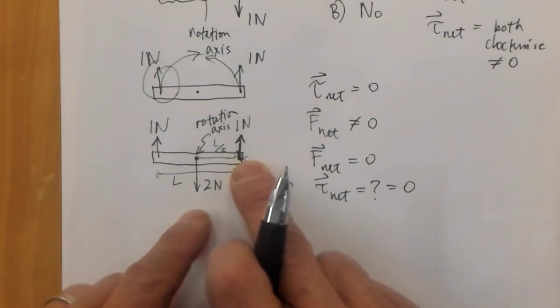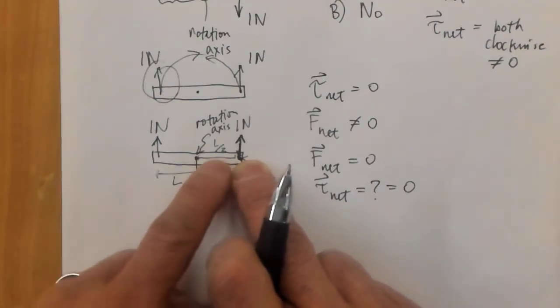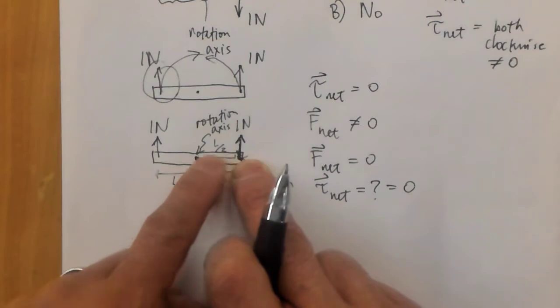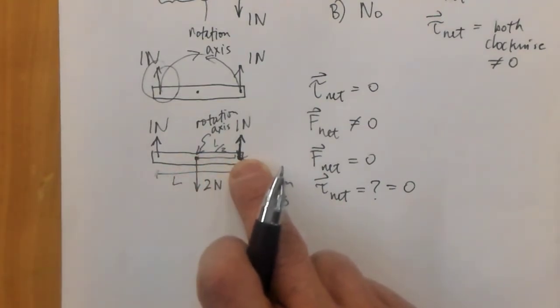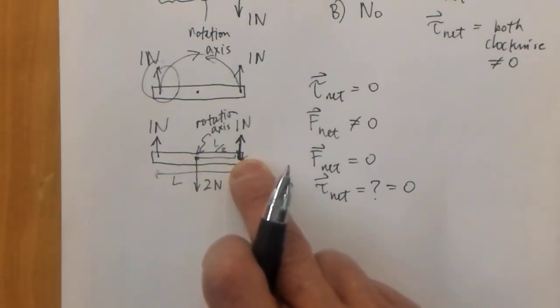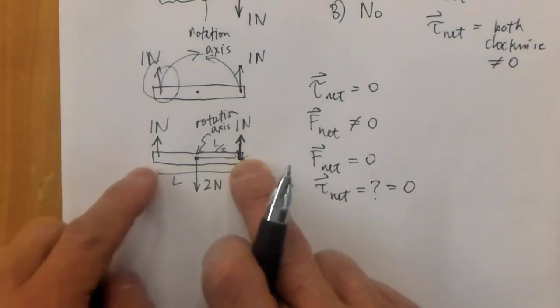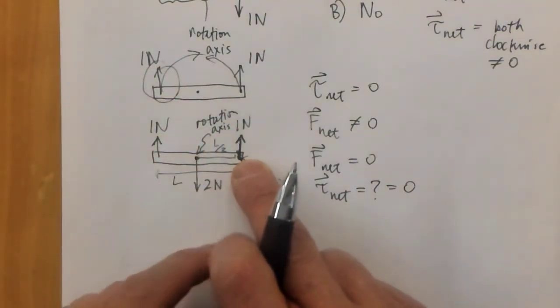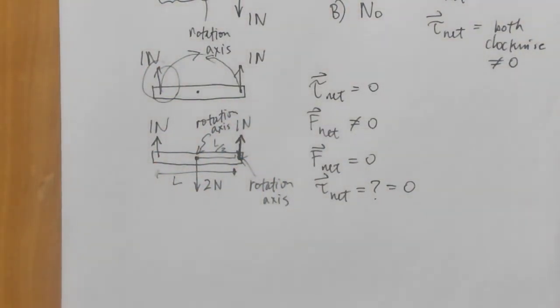Does everybody see that? It will be 2 Newtons times L over 2. I get the same as before, 1 Newton times L. Everybody get that? I have a clockwise torque and a counterclockwise torque that cancel out. Any questions?